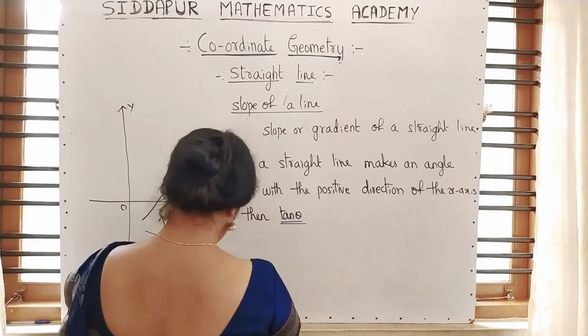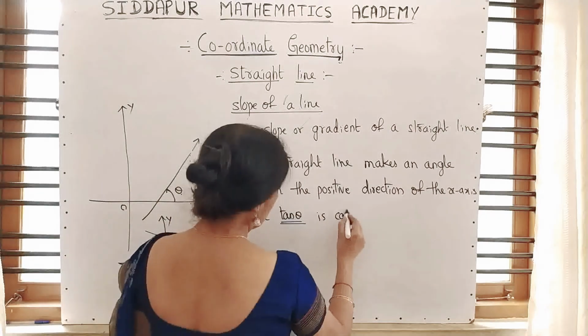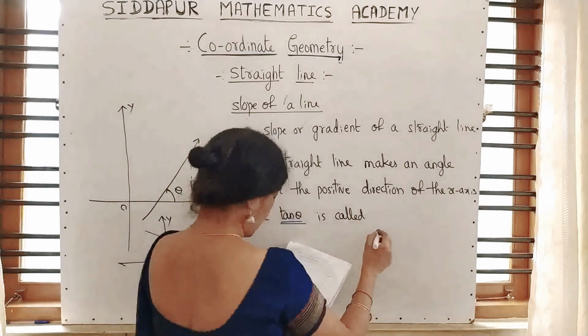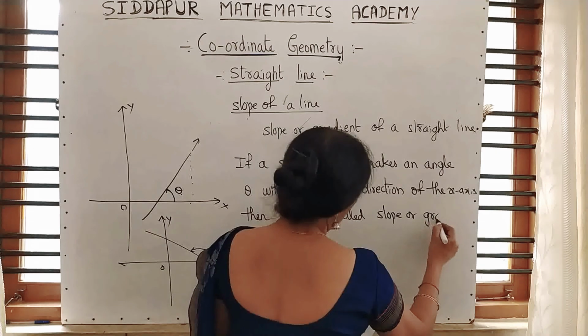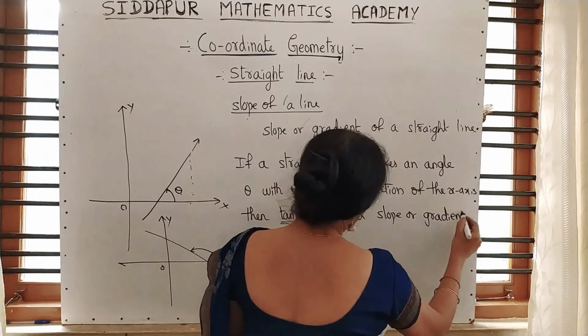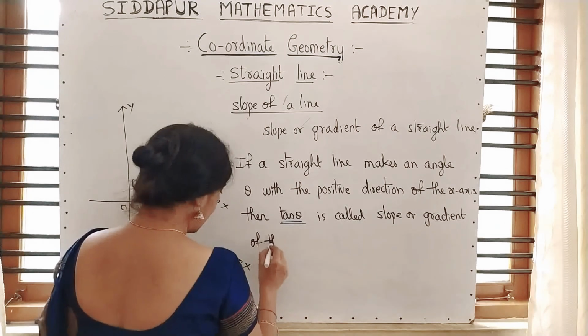Tan theta is called slope or gradient of the straight line.